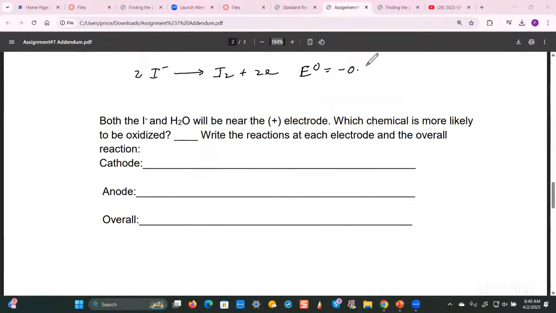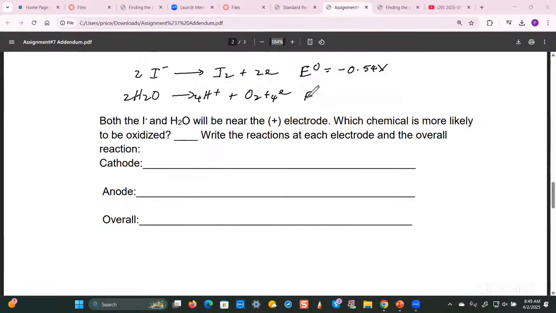Minus 0.54 volts, right? And then for the oxidation of water, which we met before, the result would be H plus, O2, plus electrons, and we need 2 here, 4 here, 4 electrons, all right?